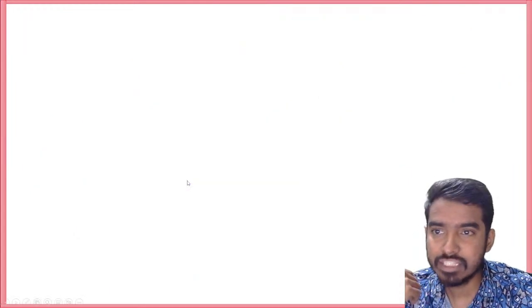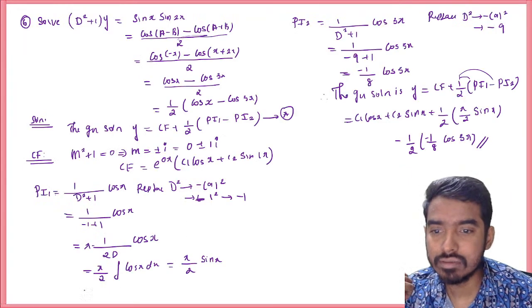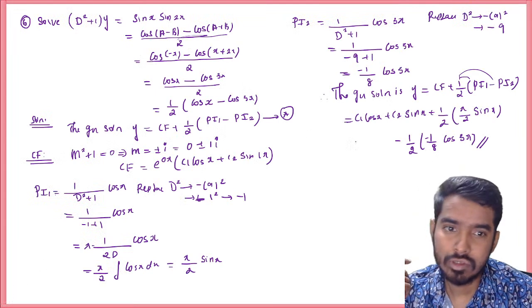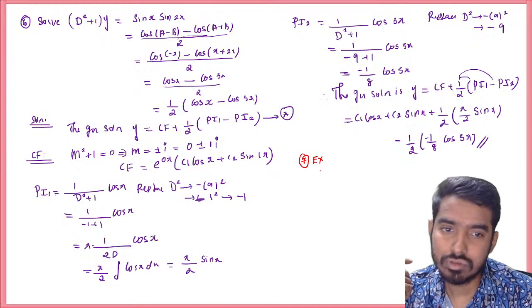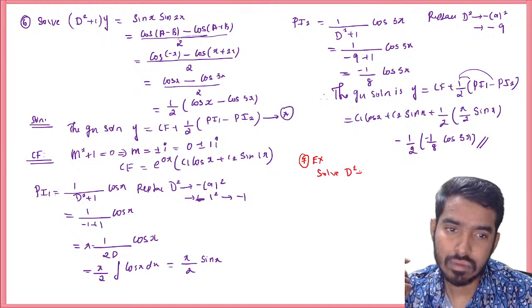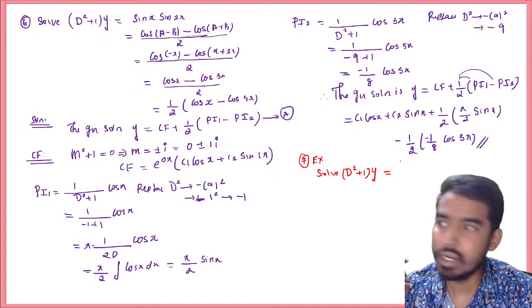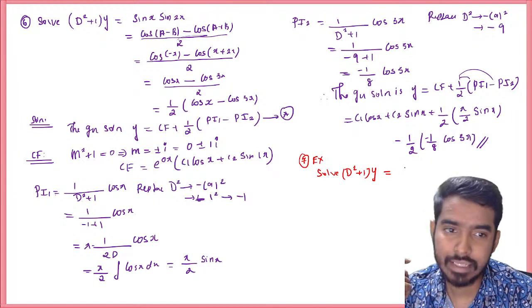Okay, I'll give you an exercise problem based on the same method. Now the problem is the exercise: solve D square plus 1 of y is equal to cos x sin 3x.